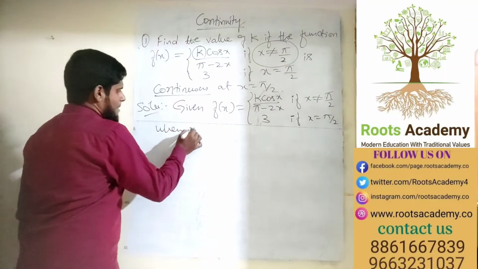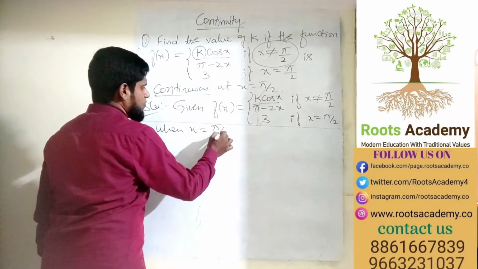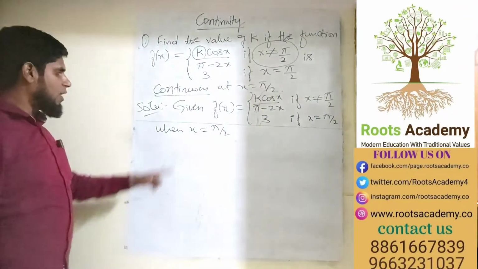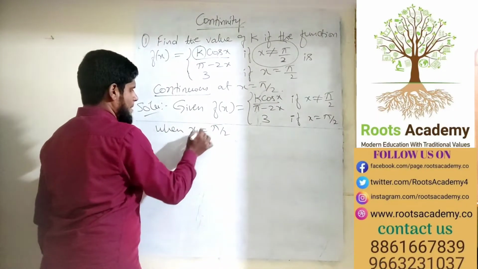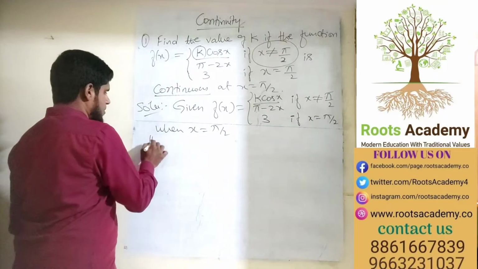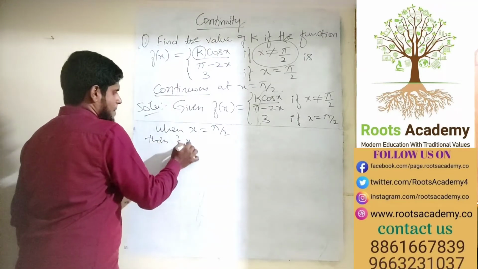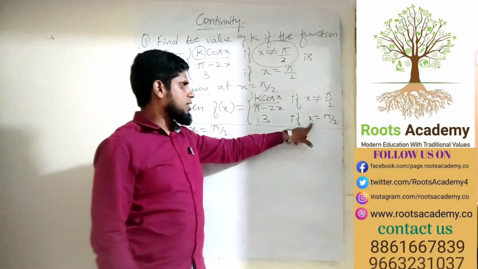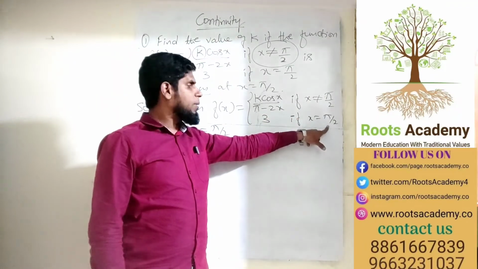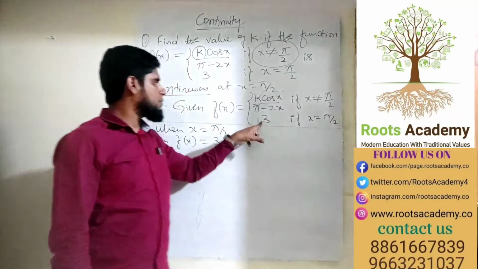When the value of x is pi by 2, our f of x is 3. It is declared here: the moment x is equal to pi by 2, the function becomes 3.